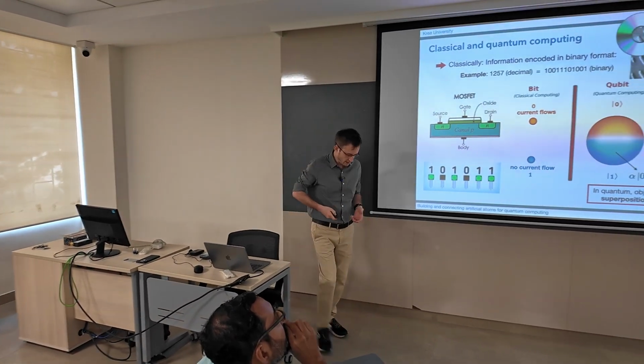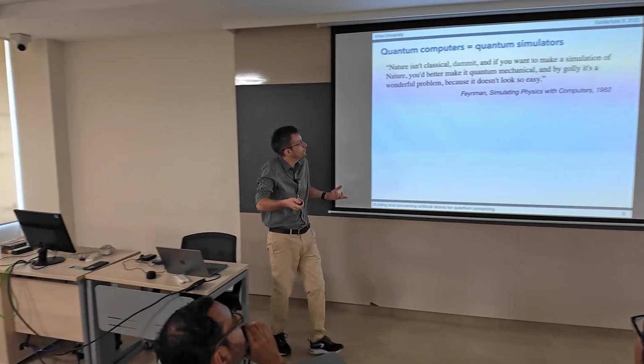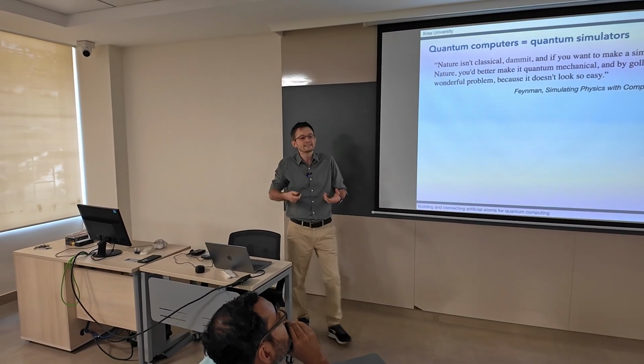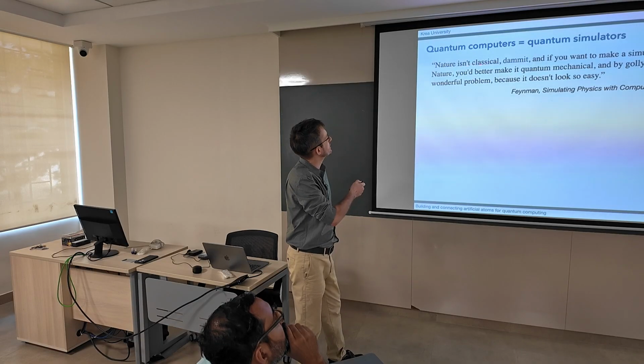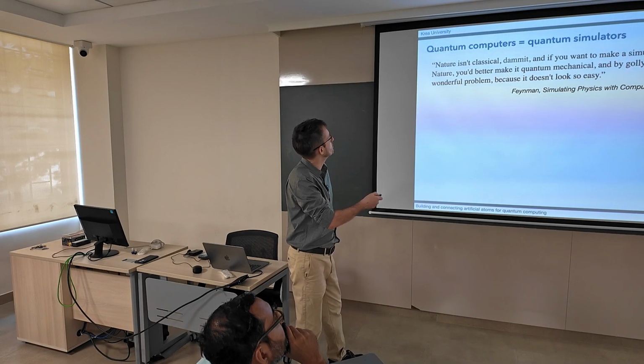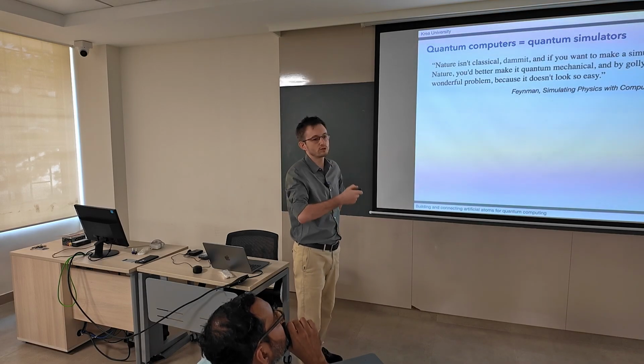So initially, when people started talking about quantum computation, they didn't really think about computers. They were thinking more about simulations, right? There's a famous quote by Feynman which says that nature isn't classical, damn it. And if you want to make a simulation of nature, you'd better make it quantum mechanical. And by golly, it's a wonderful problem because it doesn't look so easy.